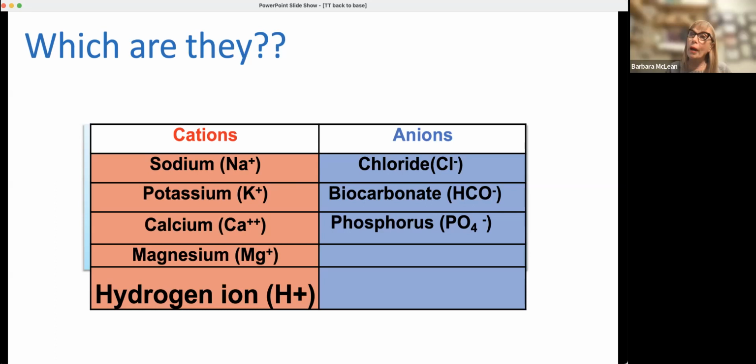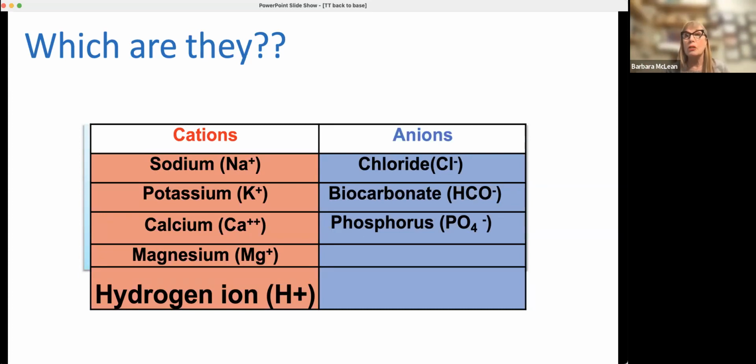And then we talk about our anions, and these are the ones we measure, right? These are the ones we look at almost every day when you're looking at a chemistry profile, but maybe you're only saying, does potassium need to be repleted, but not really thinking about the role of potassium in the acid-base balance and what kind of effect it has on your base deficit. Our anions, or standard ones, are phosphorus, bicarb, and chloride.